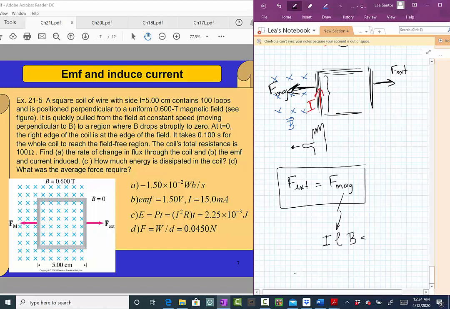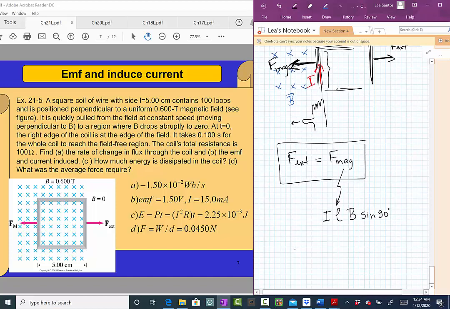So here what we have is sine of 90 degrees, which we know is 1. Okay, this is going to give us the magnitude of the external force. So put all the numbers, we have all the numbers. No? We have the current, we got that. We have L, no? L is 0.05 meters, and we have the magnetic field 0.6.